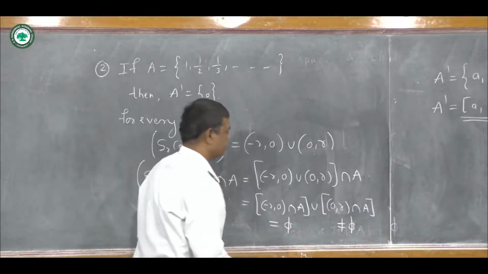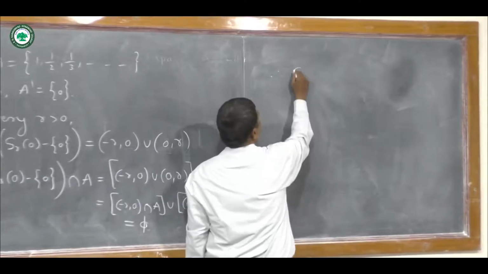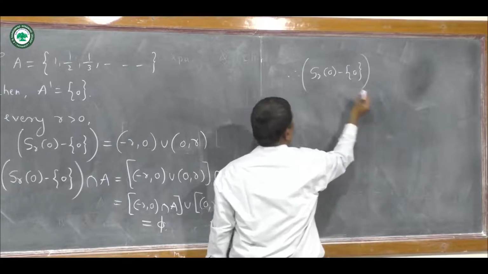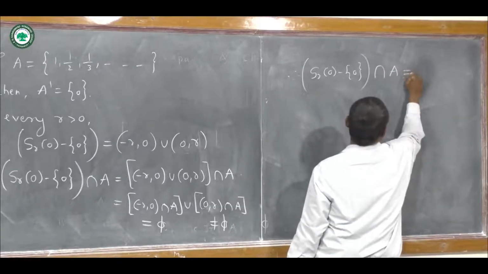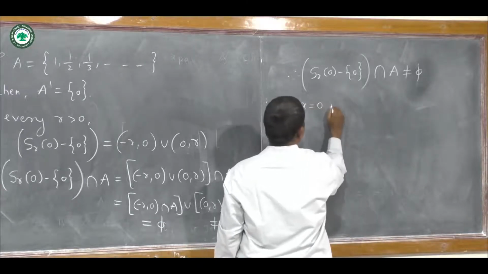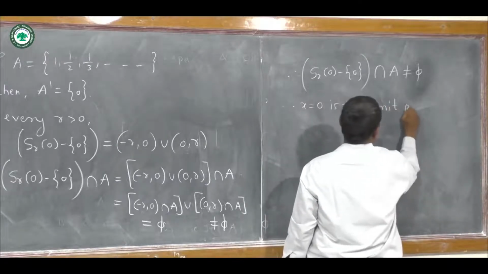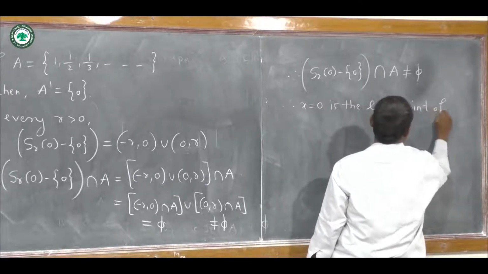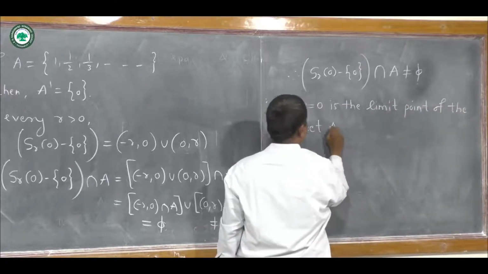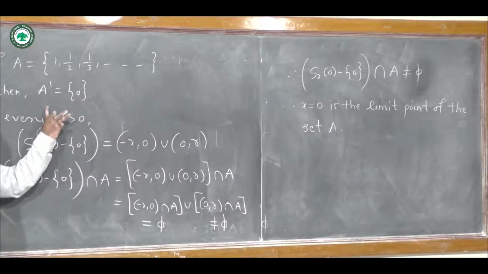So we get that the intersection of the set with A is always non-empty here. Therefore x equal to 0 is a limit point of the set A. So remember that 0 is the only limit point of this set.